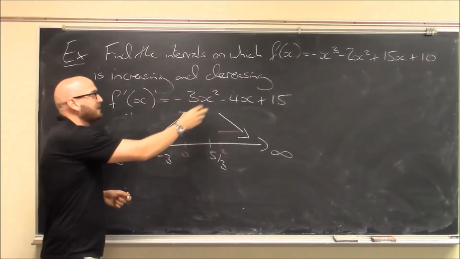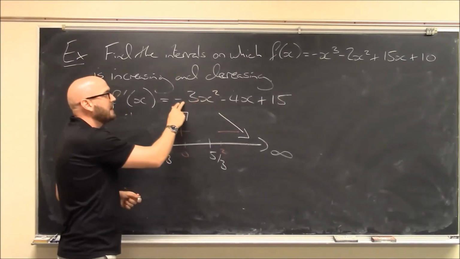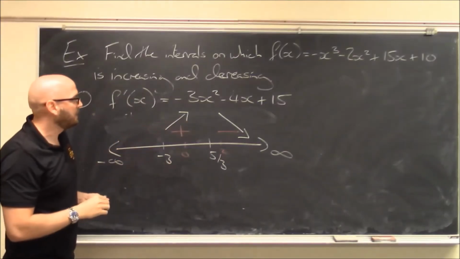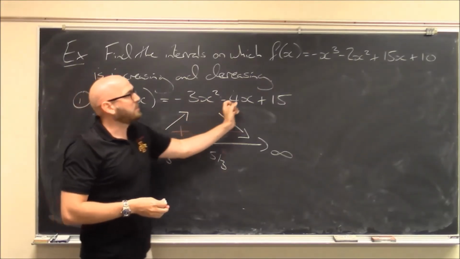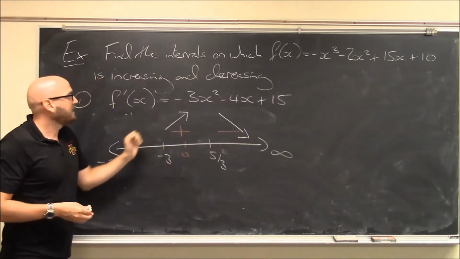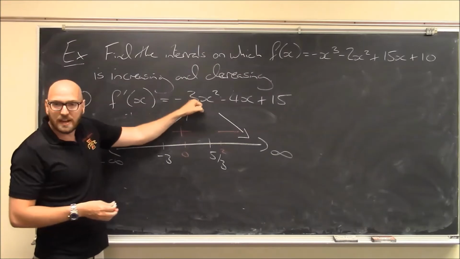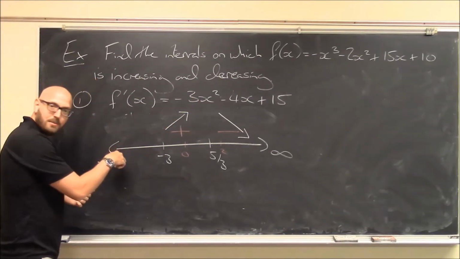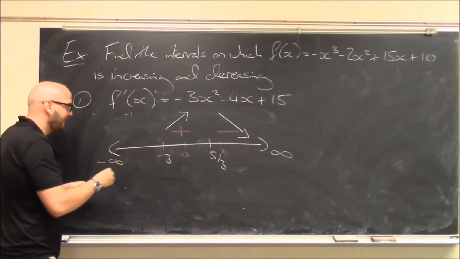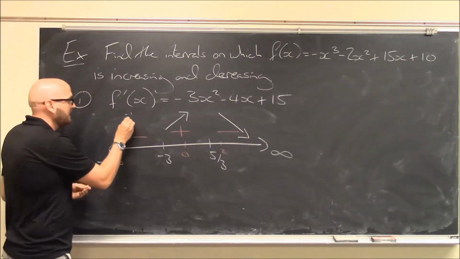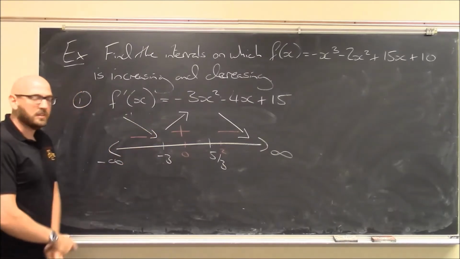Minus 1,000,000 squared is a huge positive number, so minus 3 times a huge positive number is a very, very huge negative number. And then I subtract off something that's much smaller, and I add something that's much smaller. So if I plug in minus 1,000,000, I get a very, very huge negative number. So if it's negative at any point in the interval, it was for minus 1,000,000, then it's negative for the entire interval. And that means it must be decreasing there.